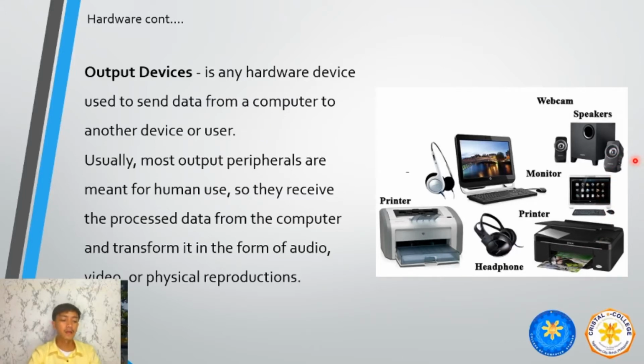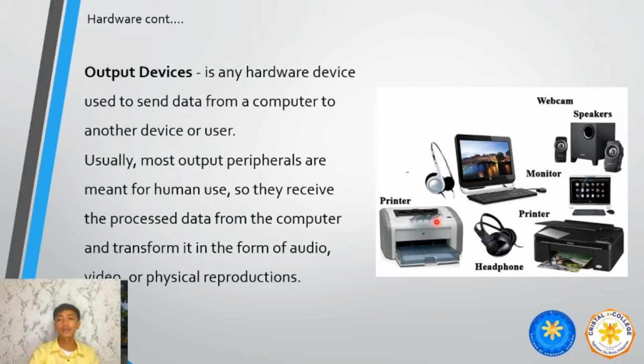As I have said earlier, input devices transform human readable form into machine or computer readable form. What output devices do is make computer readable form into human readable form, in the form of audio, video, or physical reproduction, such as this printer.